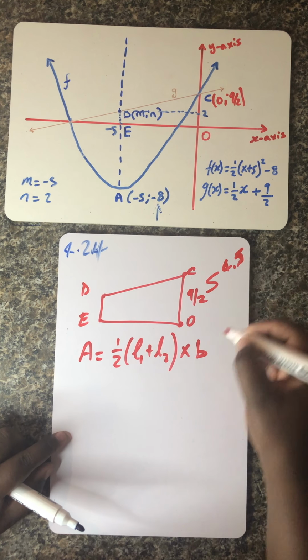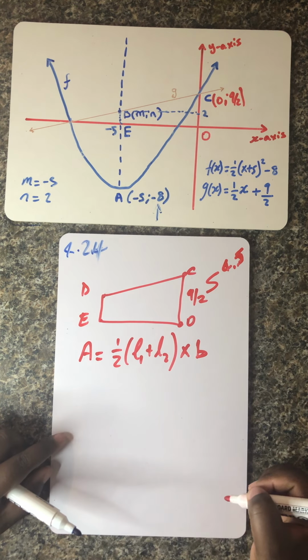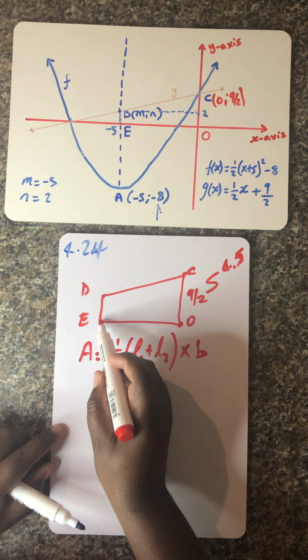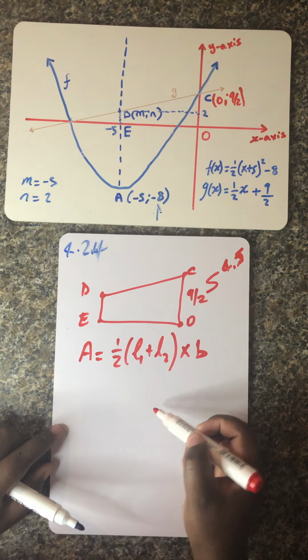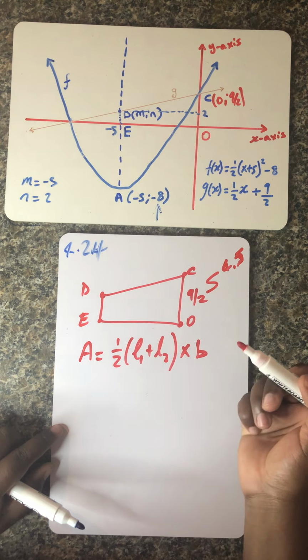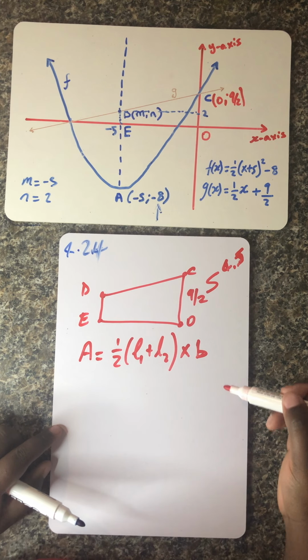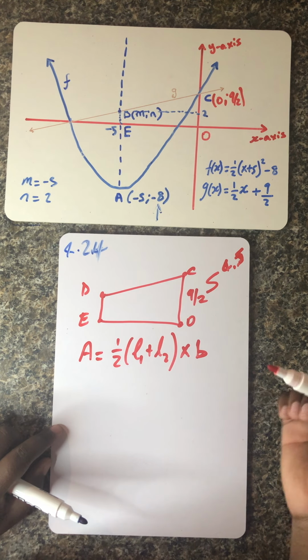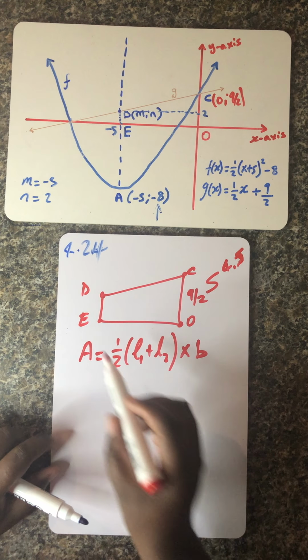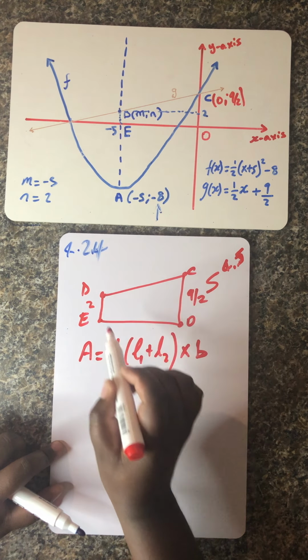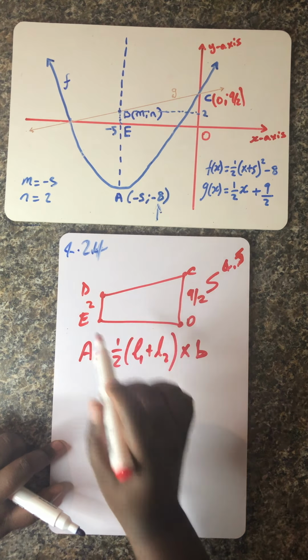If you punch on a calculator 9 divided by 2 in decimal, it should give you 4.5. Okay, so what is from there to there? We just calculated it in the previous question. We know from there to there it's equal to 2. So the previous question helped us to be able to tackle this question. So we know from E to D, it's equal to 2. Okay, so what is the length from there to there? Obviously, guys, it's 5 units.